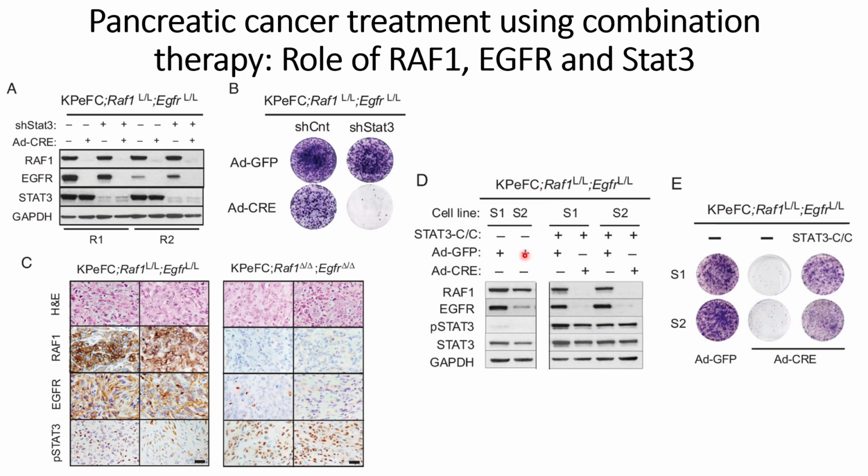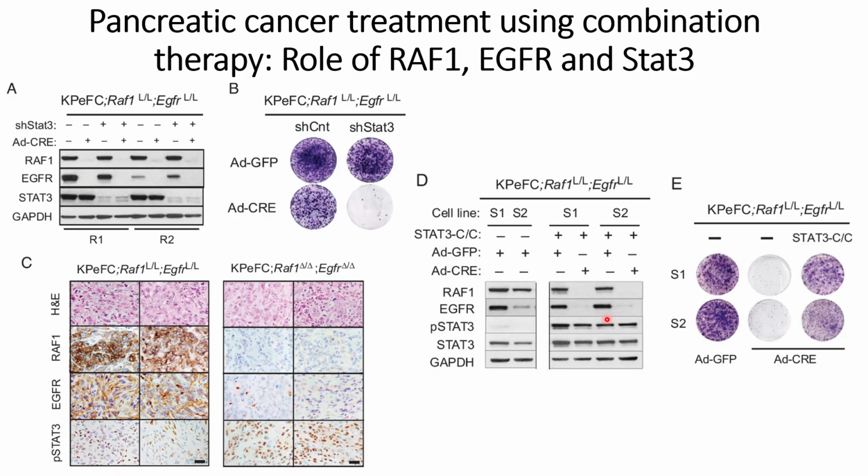This is the control where there is no STAT3 and the phosphorylated STAT3 signals are not there. But when they induce STAT3, they see the phosphorylation of STAT3, and they also checked it for two different conditions, and in both cases the phosphorylated STAT3 signals are re-established.